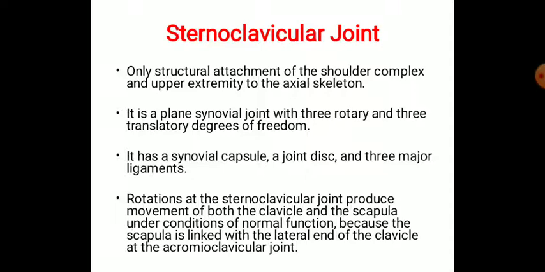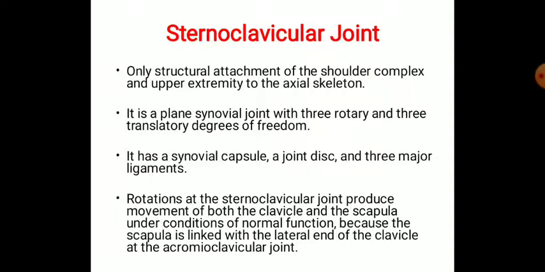I hope you all know what degree of freedom is. That means the sternoclavicular joint is able to produce rotary movements in all 3 planes, and it is also able to produce translatory movement in all 3 planes. This is what is known as the degrees of freedom.